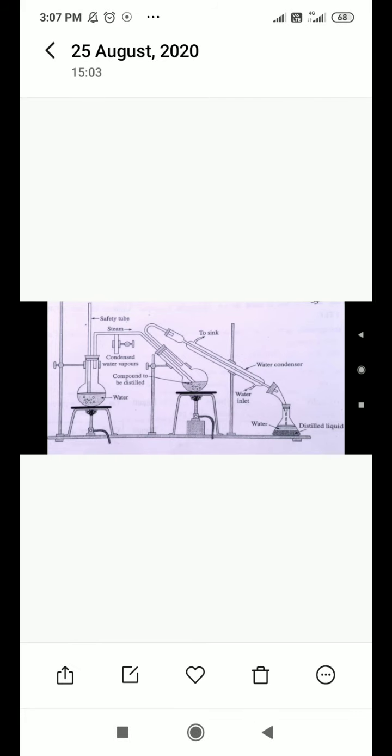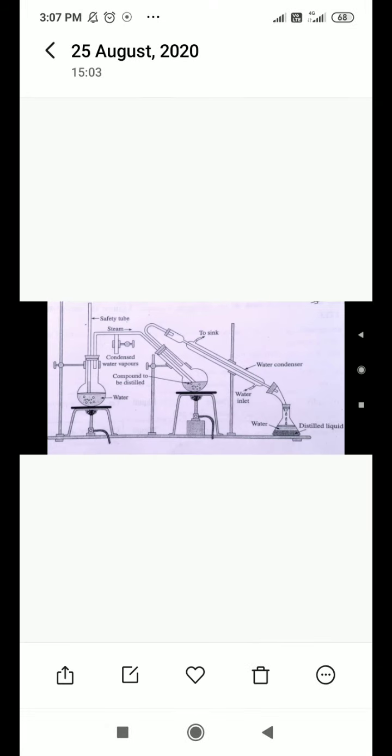Instead of organic compound mixture, we can say it is a water immiscible compound, meaning an organic compound which is immiscible with water. This is then connected with a condenser to the receiver, where the distilled liquid is received.